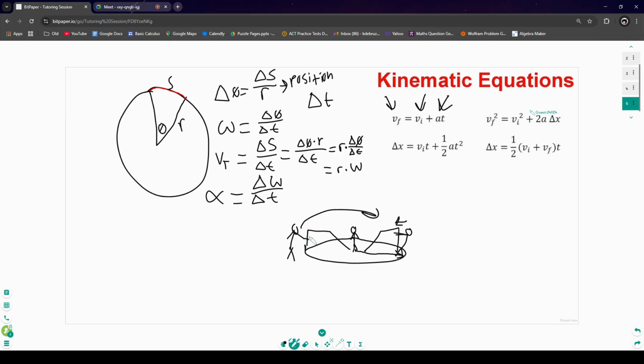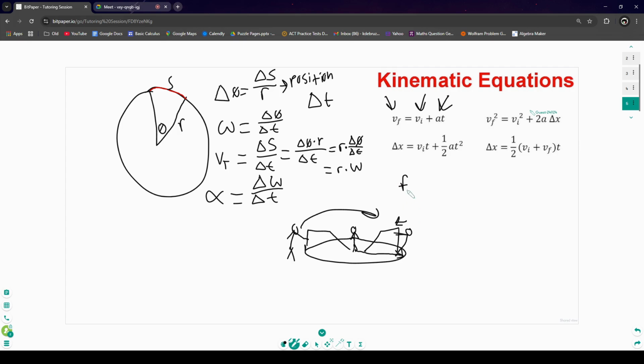Let me ask you this: if this stops spinning, is there still a force? If it completely stops, no, there's not a force. Right. So we've got some idea of how hard you have to pull.